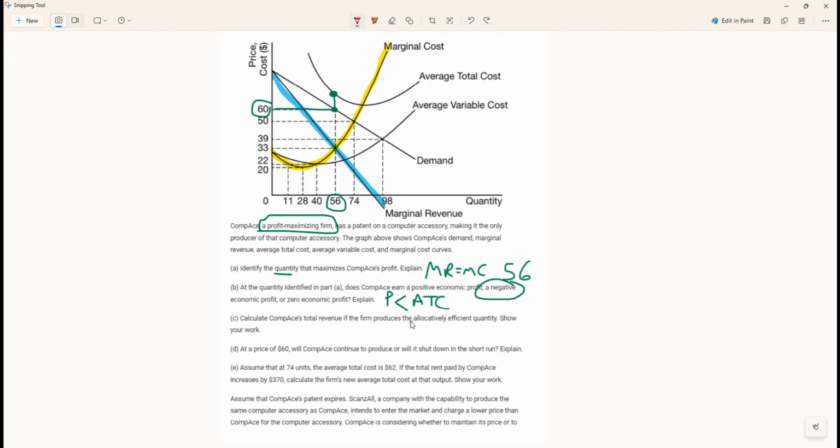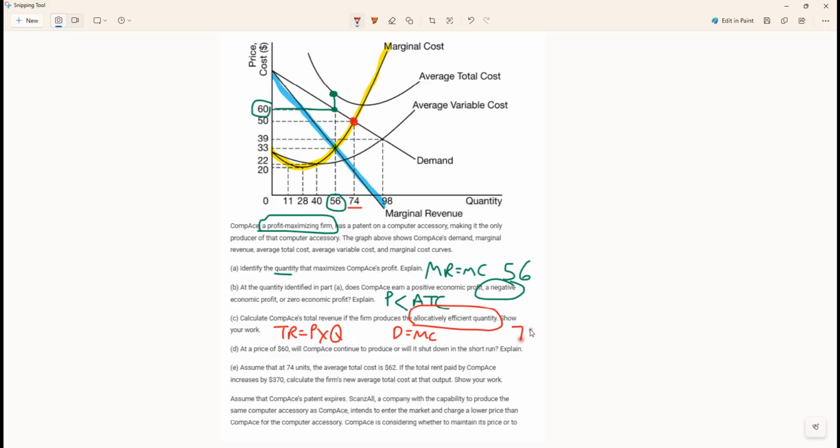Calculate their total revenue if they produce the allocatively efficient quantity. This is where demand is going to equal marginal cost. So go down demand. This is allocatively efficient, so that would be 74 units. Total revenue is a formula you want to remember, and that's going to be price times quantity. So I'm going to need a calculator for this.